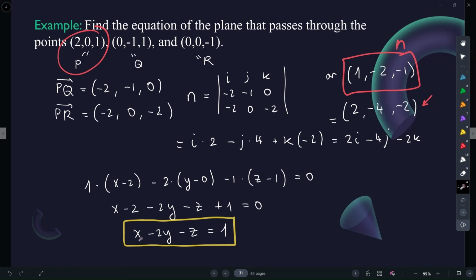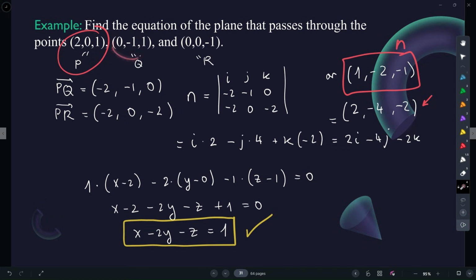First of all, the coefficients are 1, minus 2, minus 1, which are the coefficients of the normal vector. And let's check that the point 2, 0, 1 is in the plane. 2 plus 0 minus 1, that is 1. So this equation is of a plane that is perpendicular to the normal vector, and it is passing through 2, 0, 1.